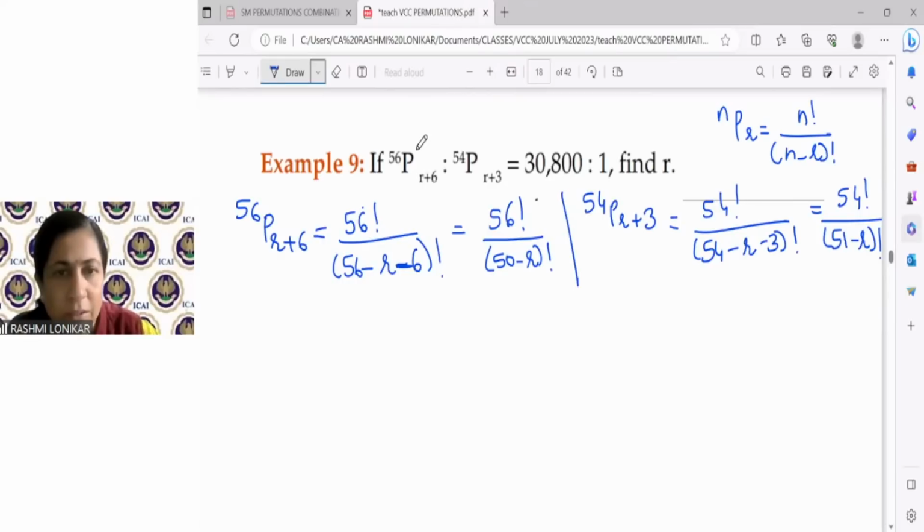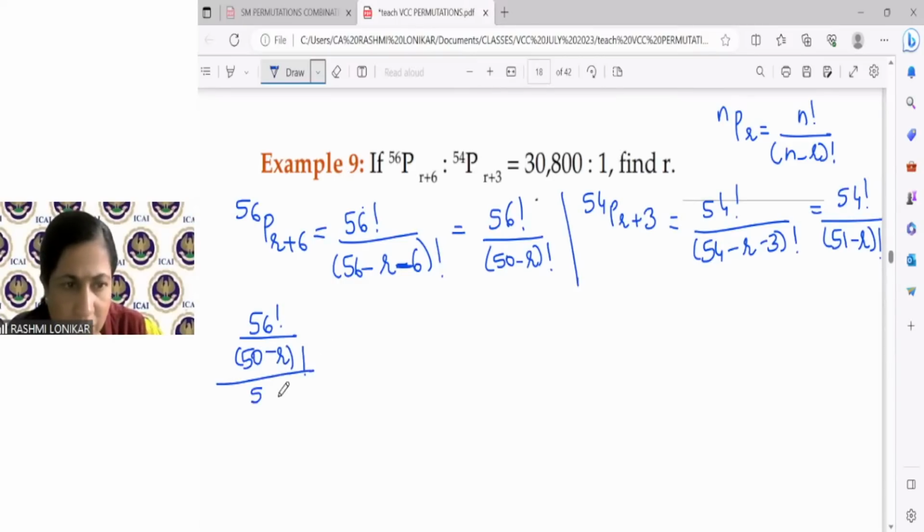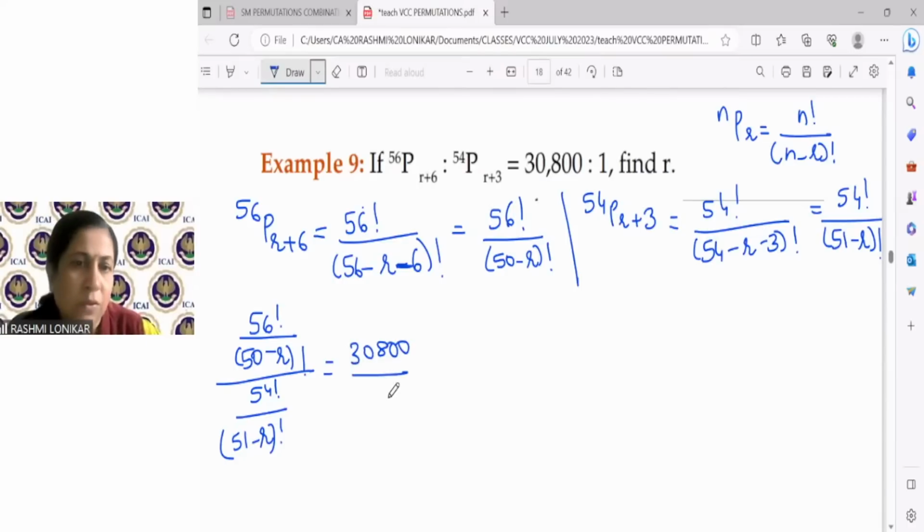Now this upon this is equal to this upon this. So I will write this as 56 factorial upon (50 minus r) factorial upon 54 factorial upon (51 minus r) factorial is equal to 3800 upon 1. Okay.